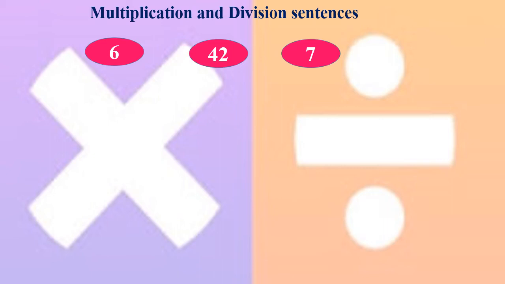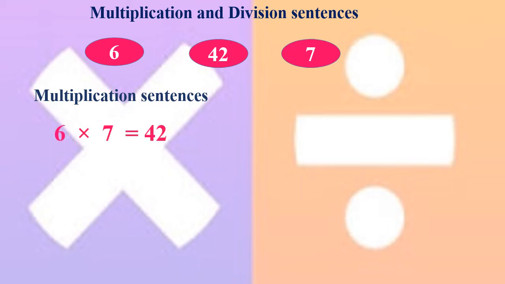Now using these three numbers, we have to write 2 multiplication sentences and 2 division sentences. Now here, how to do that? First we will see multiplication sentences. When you take 6 and 7, when you multiply 6 by 7, you know the answer is 42. The first one is 6 multiplied by 7 equals 42.